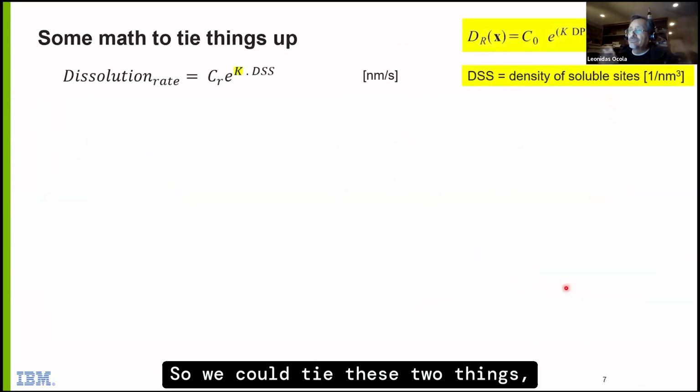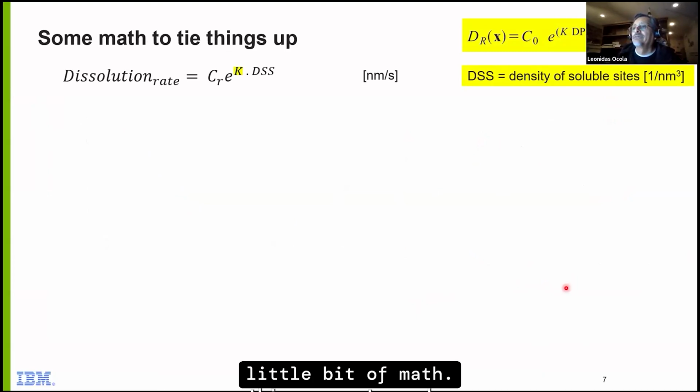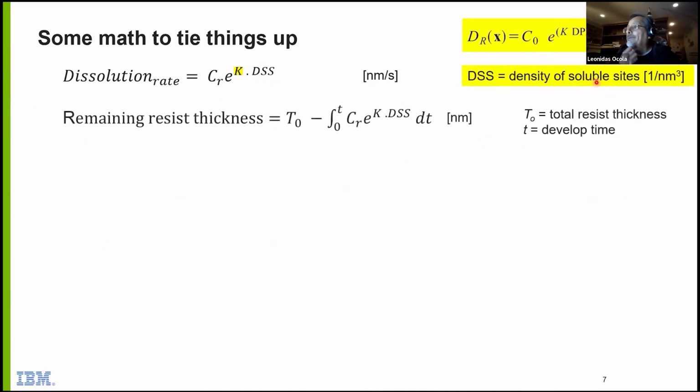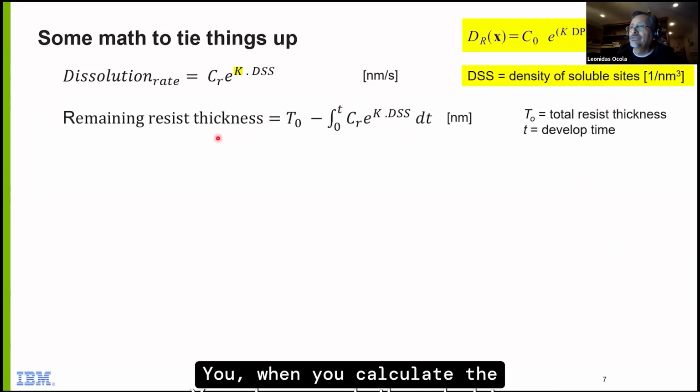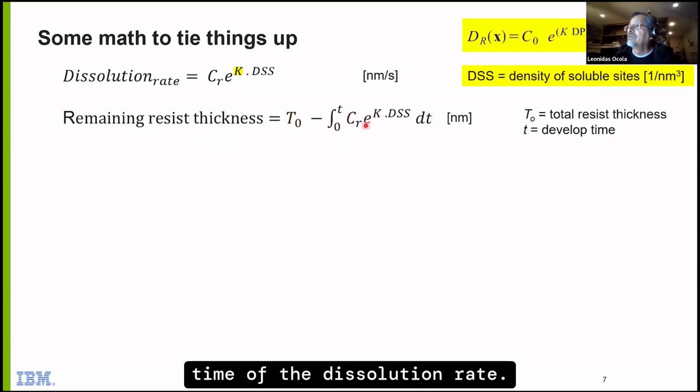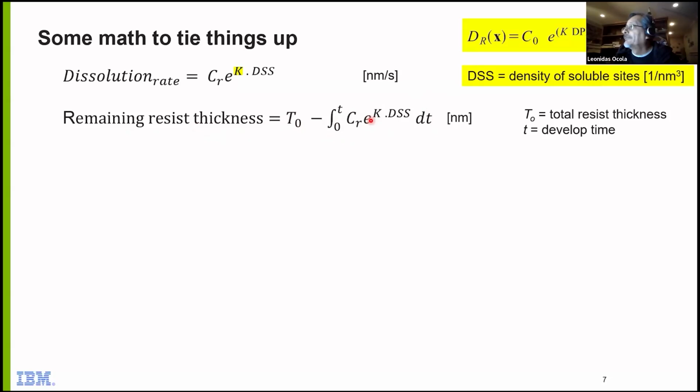So we could tie these concepts up by just doing a little bit of math. If the dissolution rate follows this formula, which we saw was associated with the density of soluble sites, then when you calculate the remaining resist thickness, it's going to be the initial thickness minus the integral over time of the dissolution rate, right?